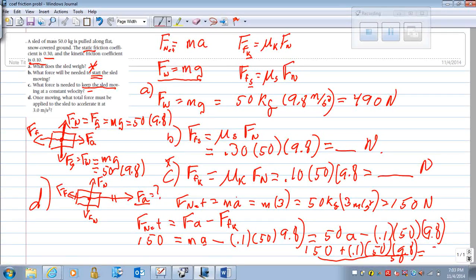That will give me my acceleration. Then whatever number this acceleration comes out to be, I will put it back into the equation F equals ma, and that will give me what my force has to be.